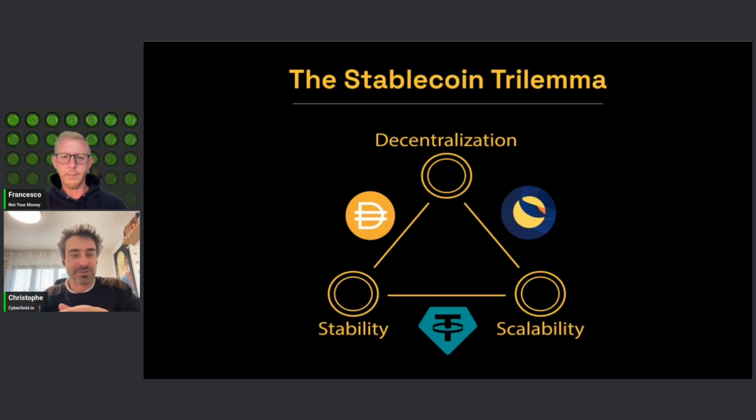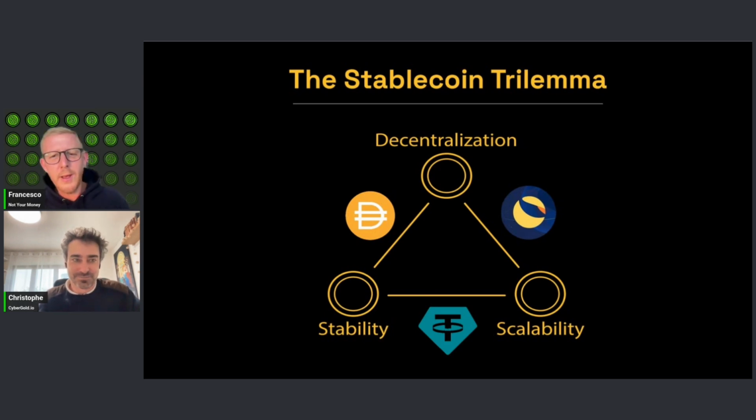And the centralized stablecoins are good for stability and scalability, but are not decentralized, and this can cause problems, as we have seen about transparency and censorship and this kind of thing. So this is usually how we conceptualize the differences between these three families of stablecoins.